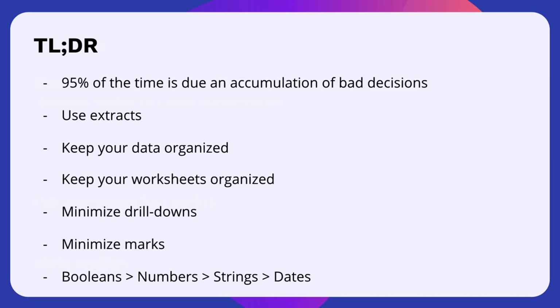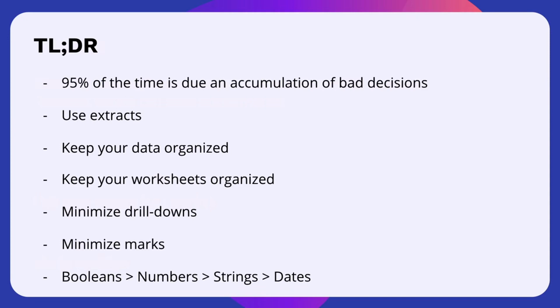Next point to bring up, just keep your data in general organized, keep your worksheets organized. These aren't things that will improve performance per se. They will help keep you organized and help you track down where those slowdowns might occur. Avoid drill downs and filters, if you can, the fewest number as possible. Same thing with marks, fewest number as possible.